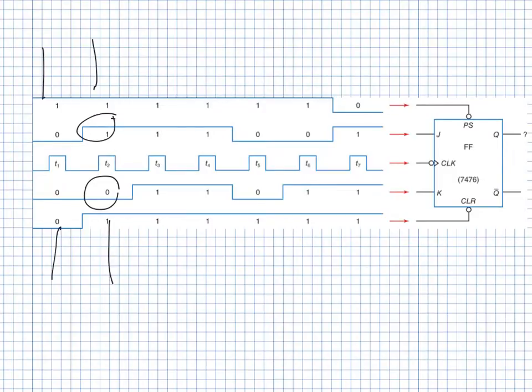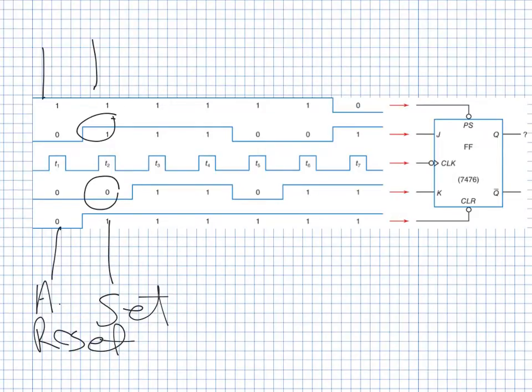When J is a 1 and K is a 0, looking at your truth table, that's going to be a set state, or maybe they call it a synchronous set. It's a set state, and that will occur on the negative going pulse of T2. So at T2 this is set. And I'm sorry, back at T1 we had an asynchronous reset.